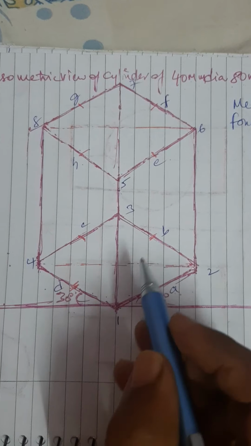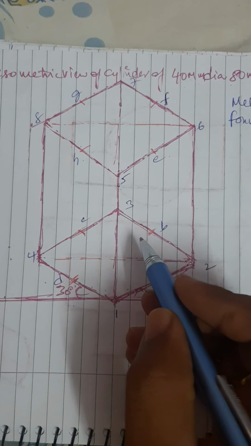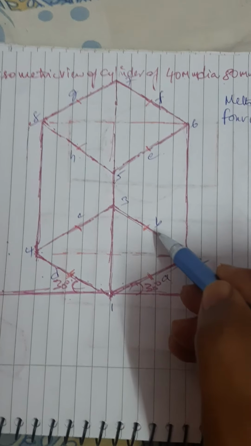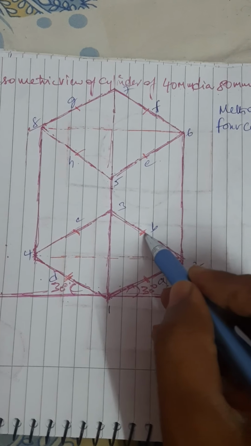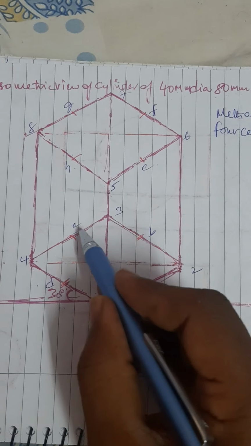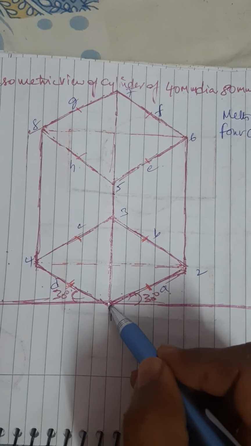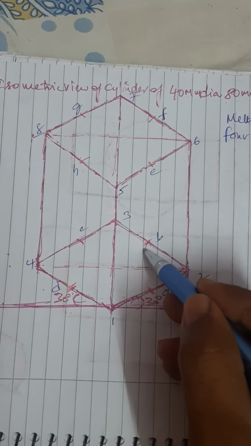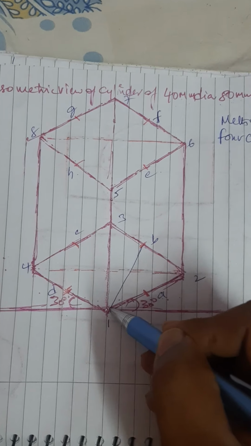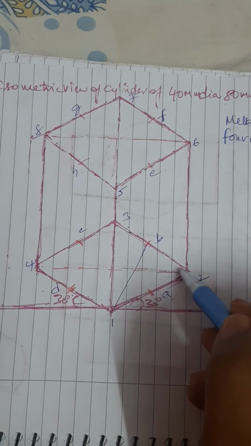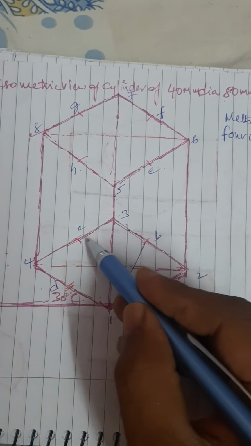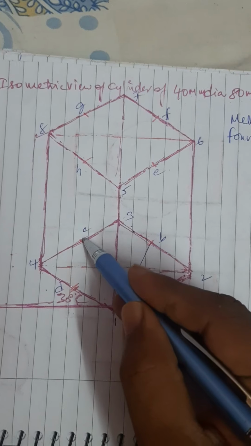So observe clearly. Now I am joining the two points B and C with 1. That is, B, the midpoint of 2, 3, and C, the midpoint of 4, 3, with 1.